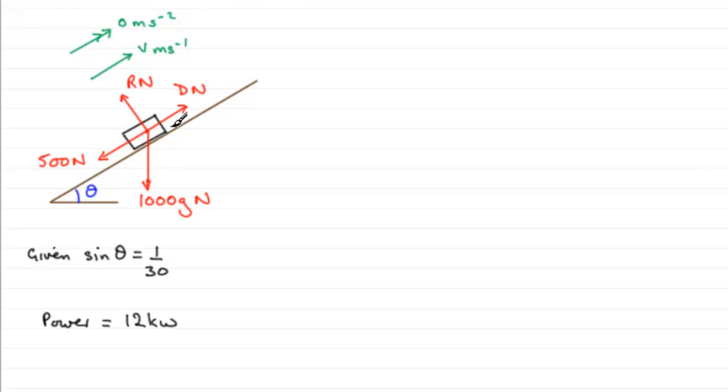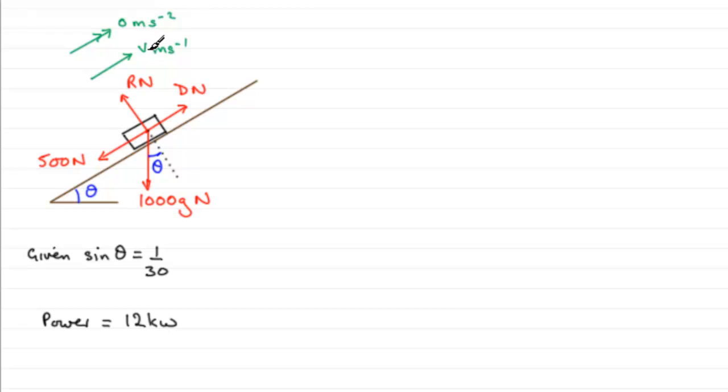Okay, so they're the only forces acting on the car. So in the usual way, what I'd want to do is just draw a dotted line from here perpendicular to the plane. This angle in here would be the same as the angle of the plane, in this case theta.